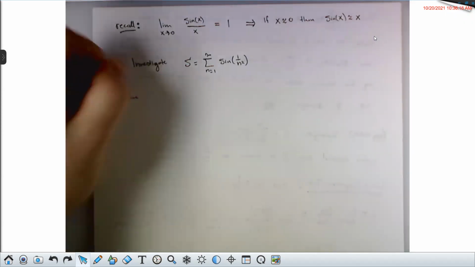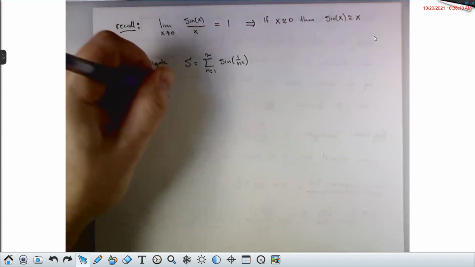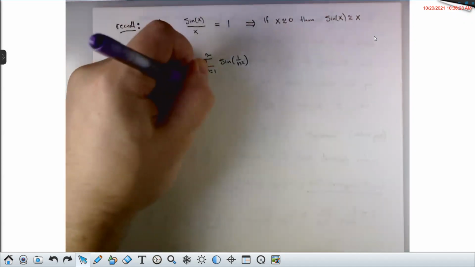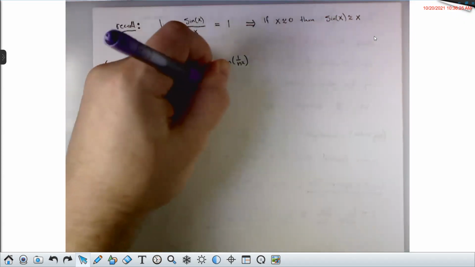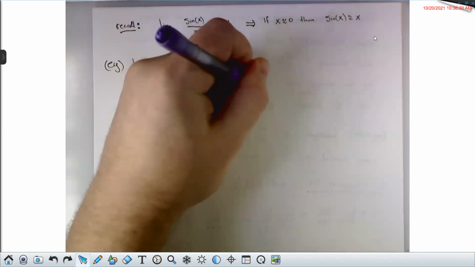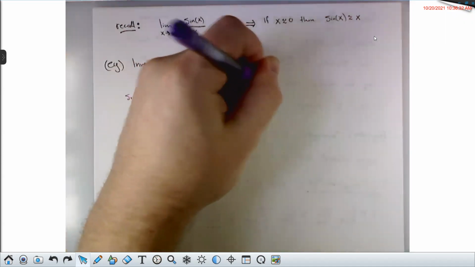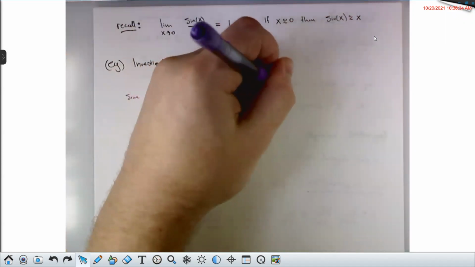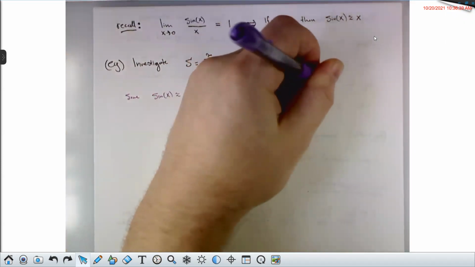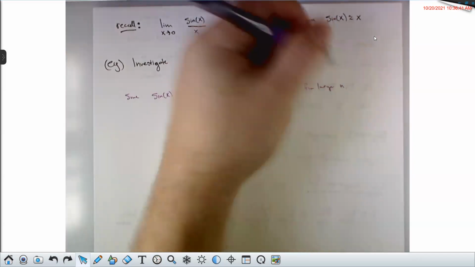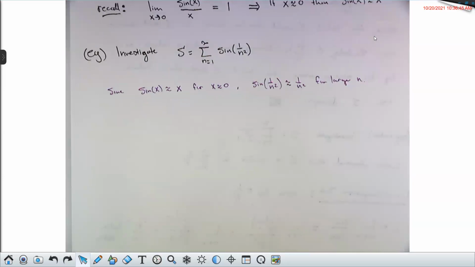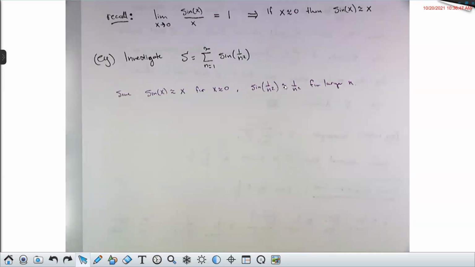Since sine x is very close to x itself for x's which are close to 0, sine of 1 over n squared is going to be very close to 1 over n squared for large n. If n is very big, then 1 over n squared is close to 0.